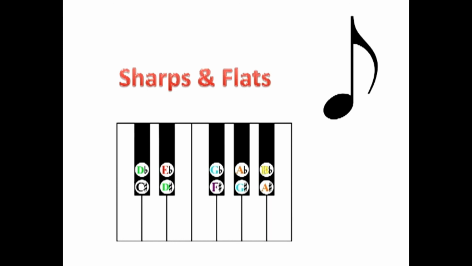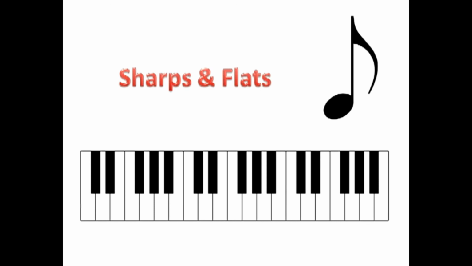Keys that are in position are not left out. If you have to sharp, for example, an E, you simply move to the very next key to the right and you will land on the white note that we commonly know as F.